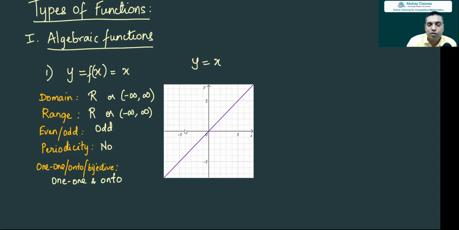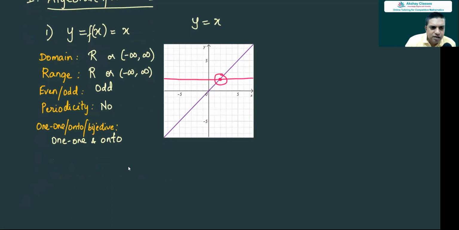There are no two values of x which will give you the same value of y. That we can see graphically: you draw any horizontal line, it will cut the curve only at one point. So this is a 1 1 function. Y equal to x is a 1 1 function.